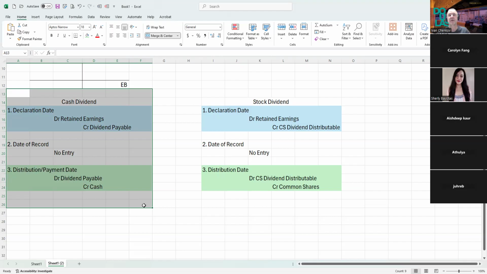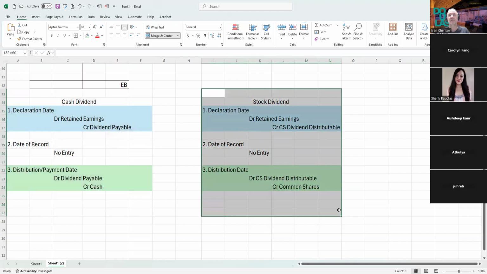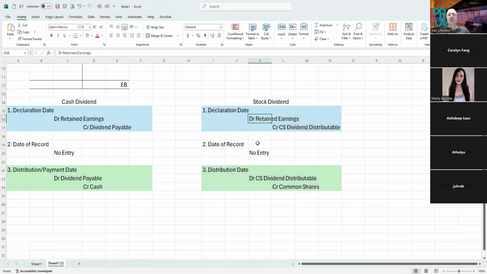And the effect that you're going to have on the balance sheet for the cash dividend, and the effect that you're going to have on the stock dividend on the balance sheet. The other thing that I want you to pay attention to is that on the declaration date here, we're creating the liability. When we're declaring a stock dividend, is this a liability now?